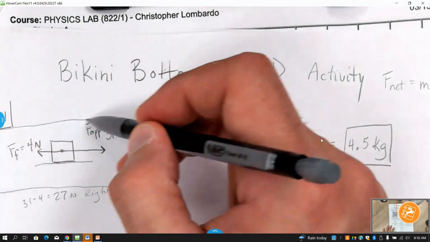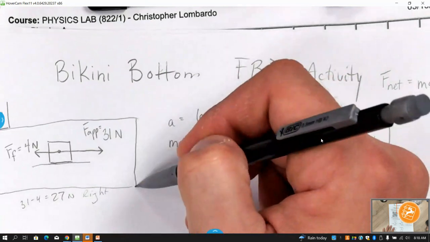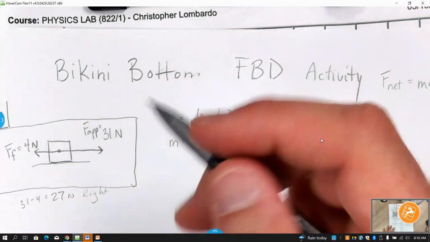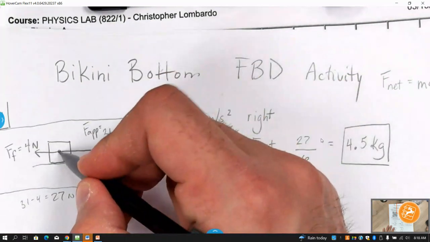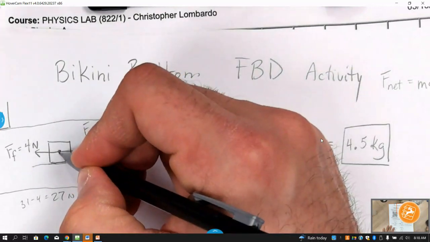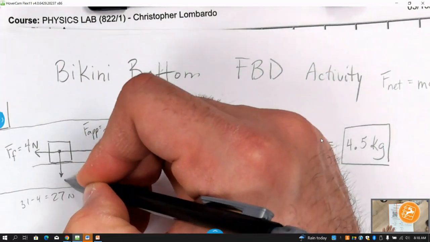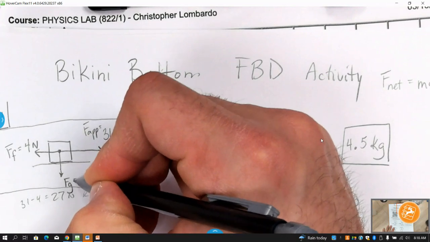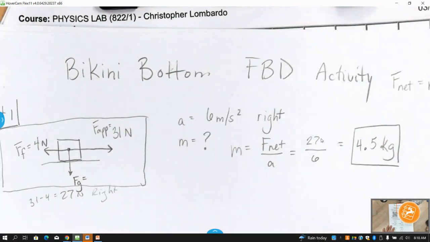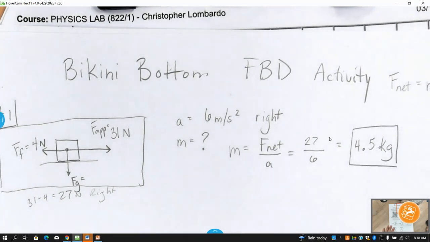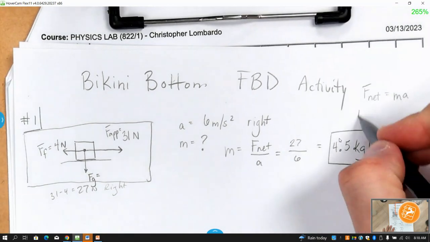Now, if we wanted to add a smidge extra just to see where we are, what would the weight of SpongeBob be? FG, what would it be if his mass is 4.5? Correct.